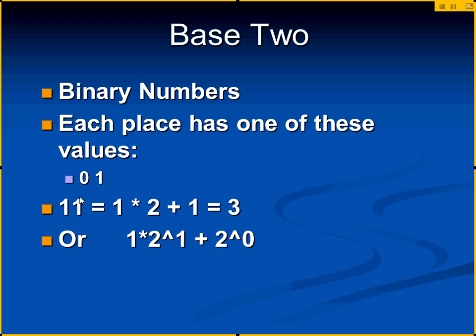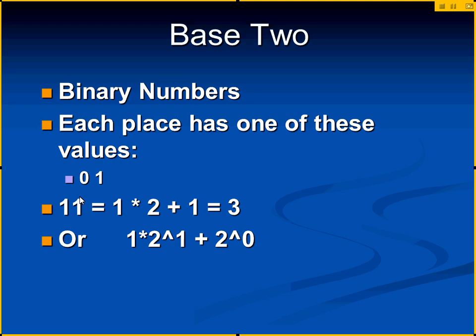So if any number raised to the 0 is 1, any number raised to 1 is itself. So 10 times 1 is 10. 2 times 1 is 2. My brain stopped. So the first one is in the ones column.